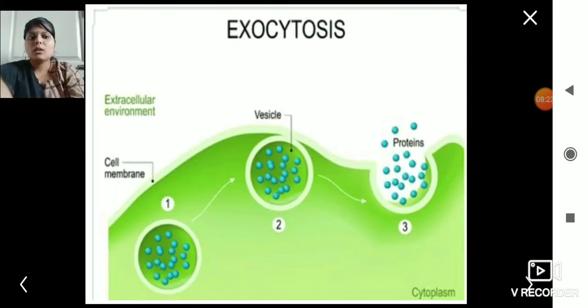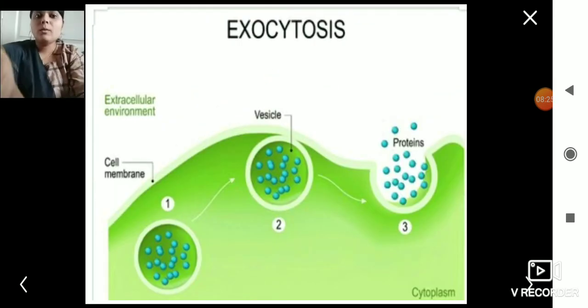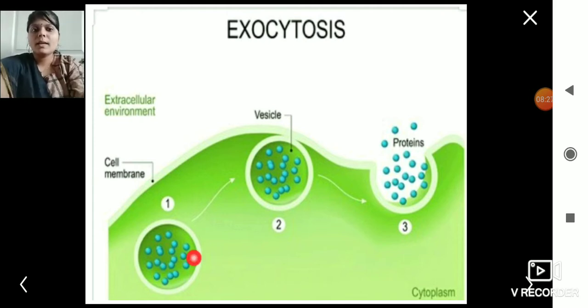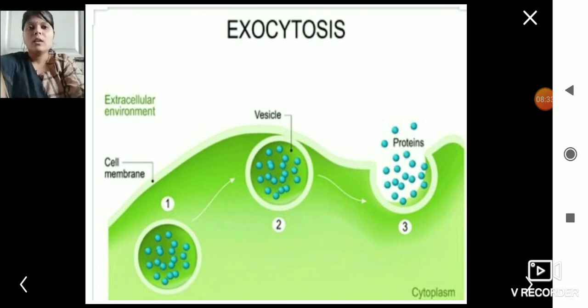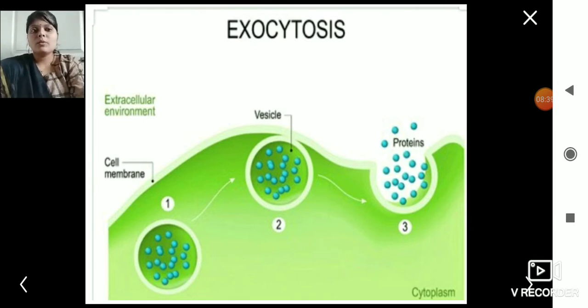Exocytosis means the cell has components inside, maybe after the cell's functioning, or the cell has undergone some biological activities inside, and it has to let out some of the substances in bulk, or molecules have to be let out. That's the idea.